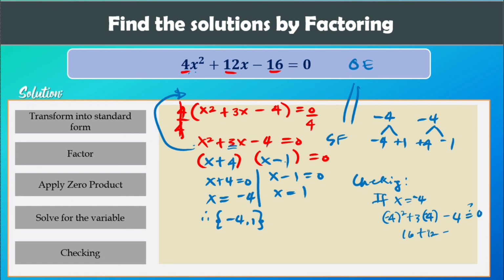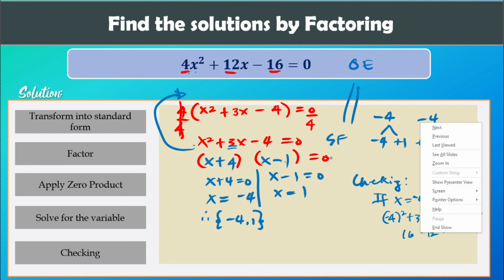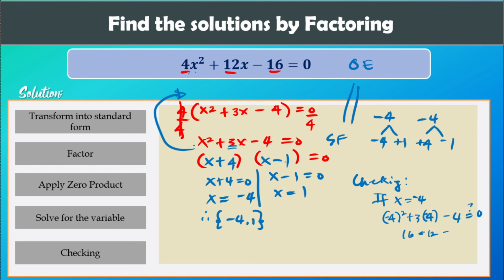So, dito, magiging negative 12 yan. So, sometimes, magkamali din tayo. But, don't worry, we can check it right away. So, 16 minus 12 is 4, minus 4, 0 is equal to 0. Okay, equal na yan. So, ibig sabihin, yung negative 4 is correct.